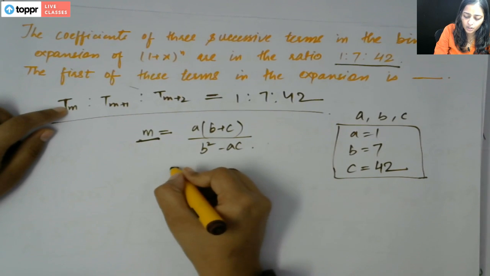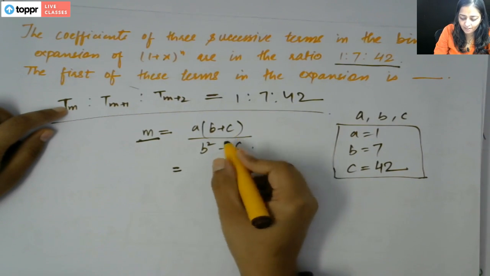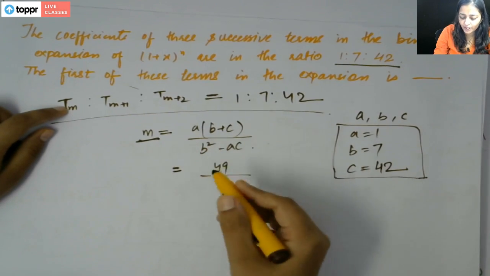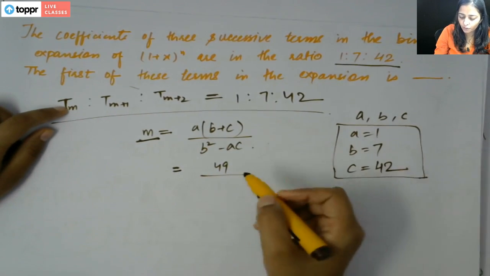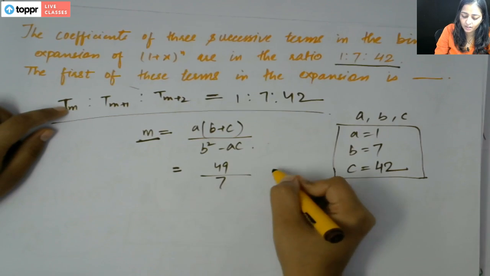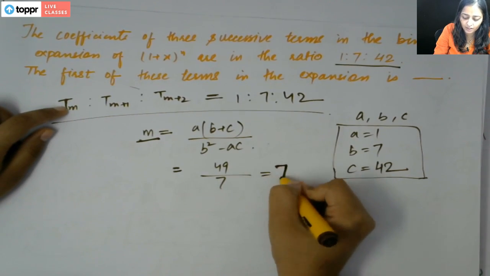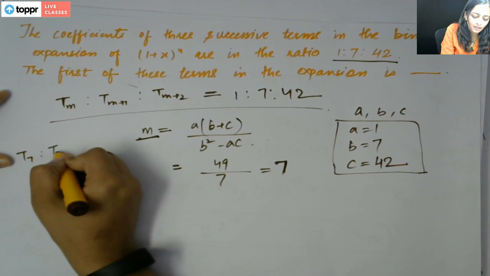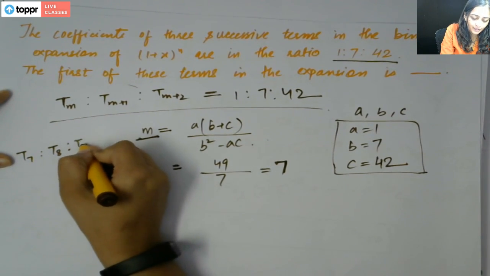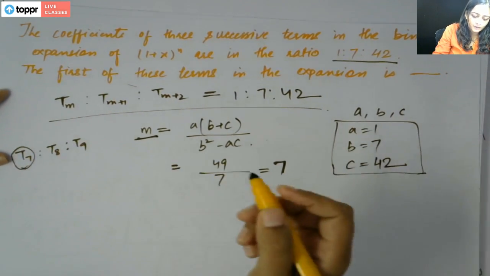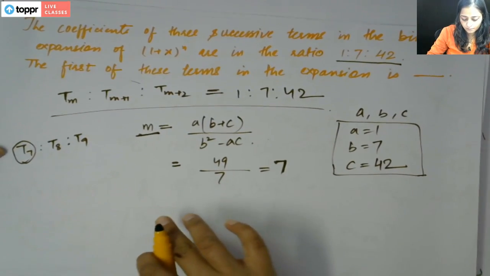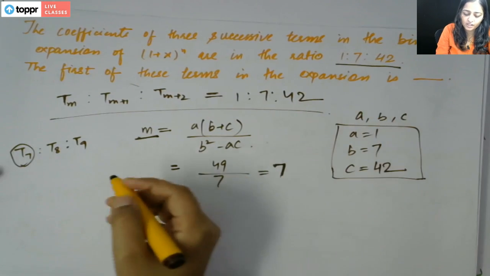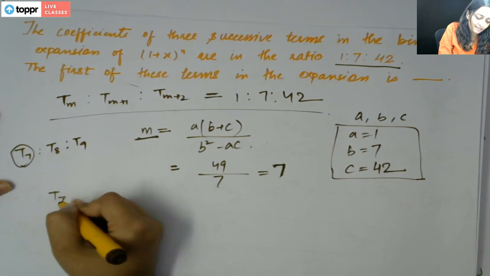If I substitute it here, I'll get 7 plus 42, 49, in the denominator b squared, 7 squared, 49, minus ac, 42. 49 minus 42 is 7. So I'll get m equal to 7. So we are talking about T7, T8 and T9. We have to find the first of these terms, so we have to find T7.